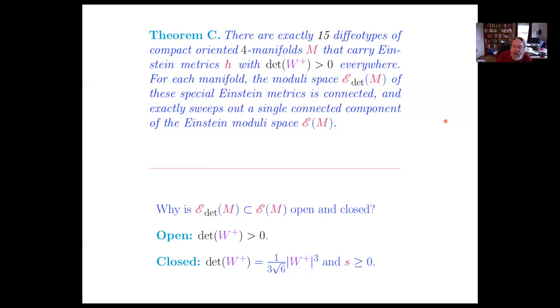The determinant of W plus minus 1 over 3 square roots of 6 times W plus cubed has to vanish, a closed condition, and then also the scalar curvature is greater than or equal to 0. That's a closed condition. All right, so you can describe these either by an open or closed condition, and therefore it's an open and closed subset of the Einstein metrics. And therefore, it actually sweeps out exactly one connected component of the Einstein moduli space.